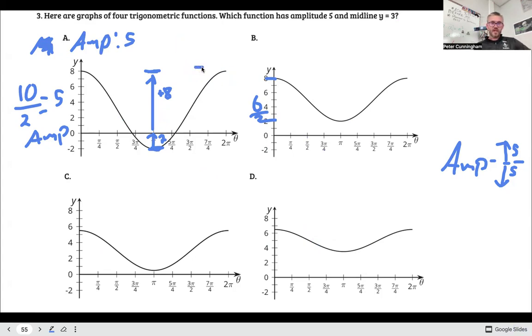Well, if you went from 8 down 5, 8 minus 5, you would land at a midline of y equals 3. So by finding that amplitude, you can prove where the midline is.